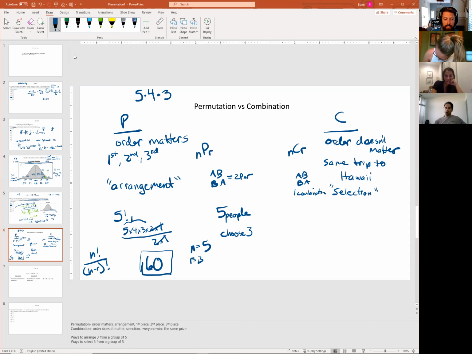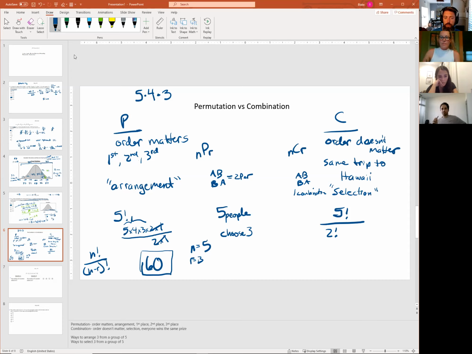So we still have 5 factorial number of ways to set this up. And we're still going to divide by n minus r. So we're still going to divide by 2 factorial. But we have to account for something here. Each of these groups of 3, with the same 3 people in it, the order doesn't matter, and so they're all the same.